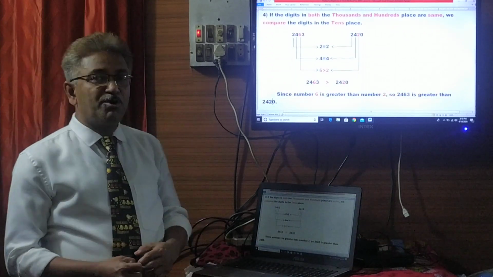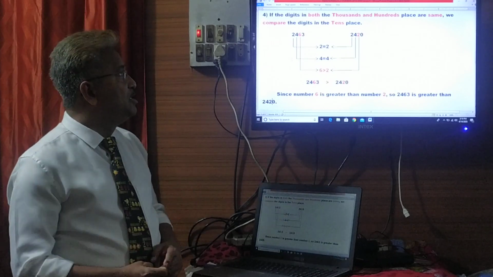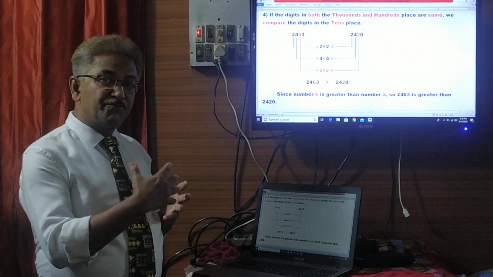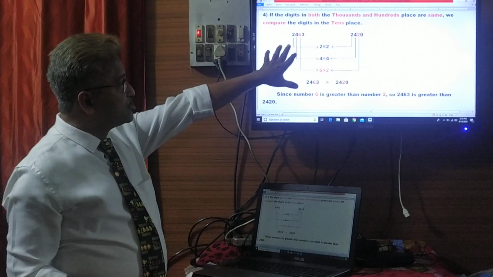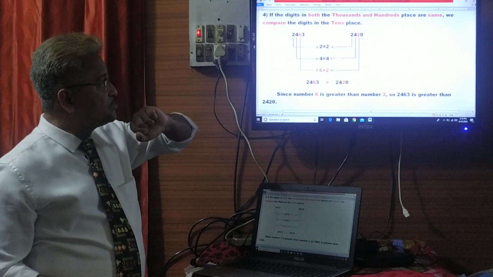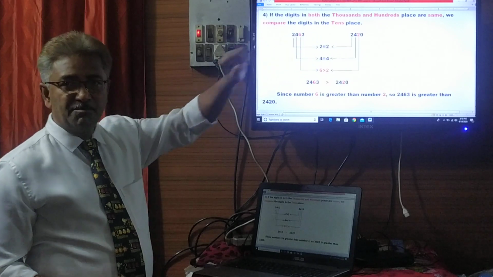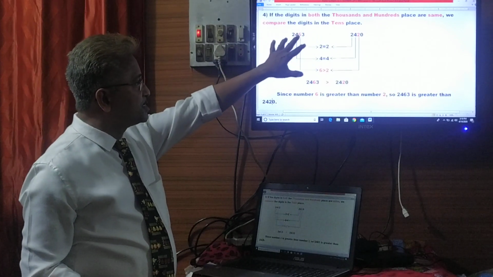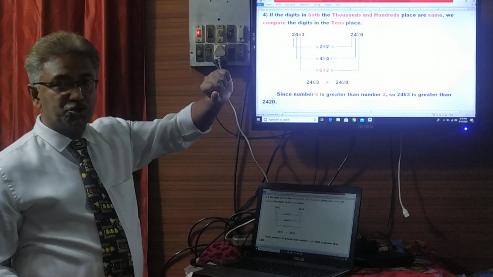If the digits in both the thousands and hundreds place are the same, we compare the digits in the tens place. Now, if you notice, we are moving towards the right. Here also we have 2 numbers in the example where both are 4-digit numbers, and we notice here that the digit in the thousands place is the same, 2 is equal to 2.